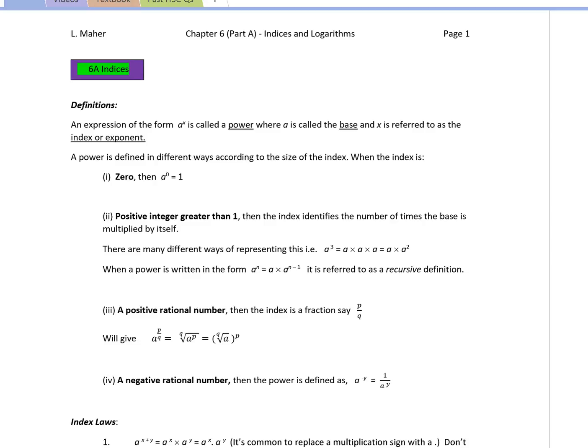Now again, those two words, hopefully, if you haven't come across them before, or you may not have come across exponent, but you will now become familiar with it.